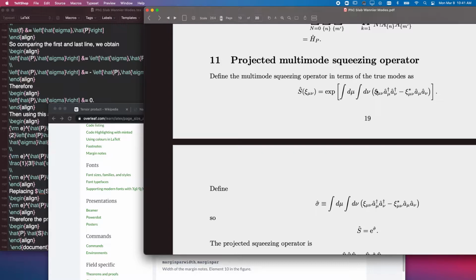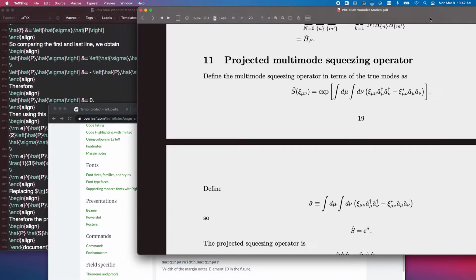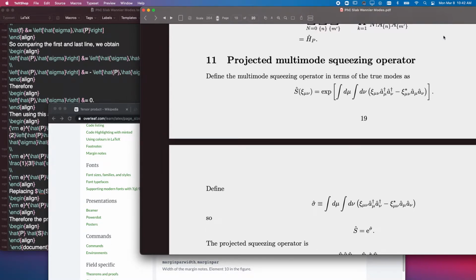So the crystal is going to be made from a nonlinear material which will produce squeezed light, and the material will have some type of structure that will enhance the nonlinear generation.